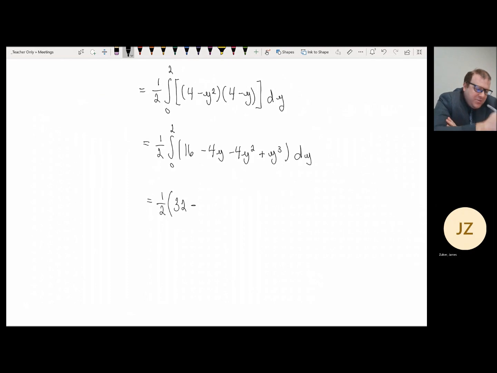That'll be 2y squared, so that's 2 times 4. 4/3 y cubed will be 4/3 times 8, 32/3. And then plus y to the 4th over 4. 16 over 4 is 4. Love it when my intervals start at 0.